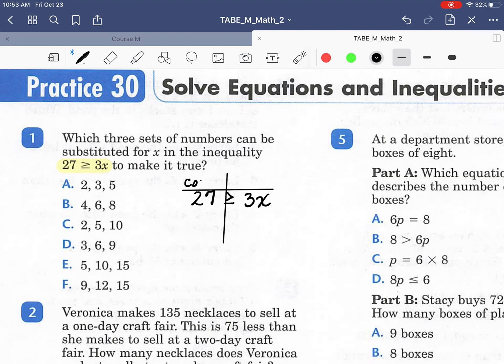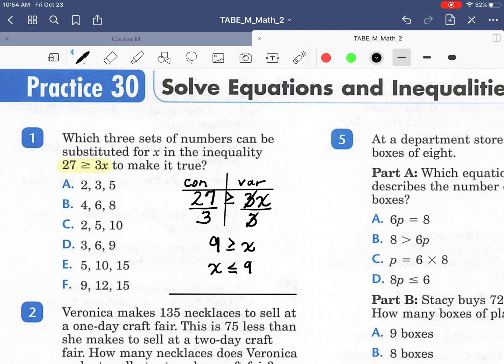Here's your constant, and here's your variable. So we are going to divide both sides by 3. And I'm left with 9 is greater than or equal to x. I want to standardize that, so turn everything around and graph.